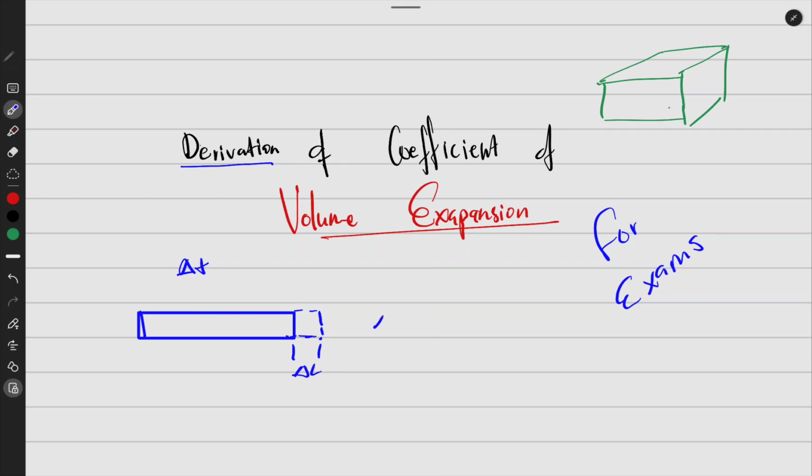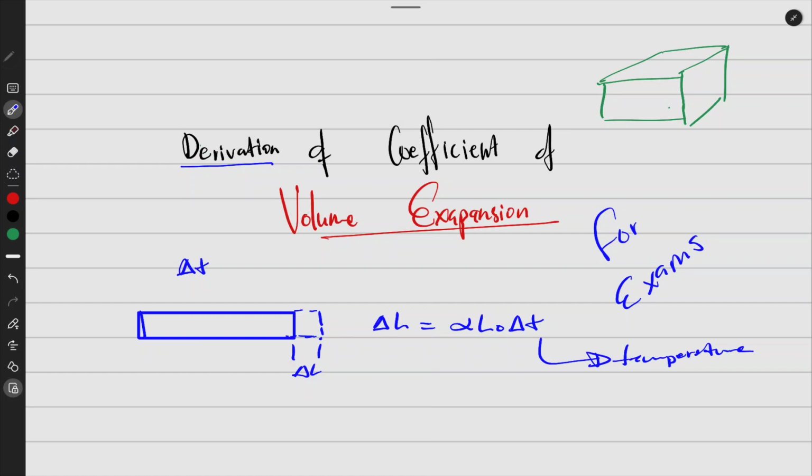The change in length, the linear expansion, is going to equal some coefficient alpha, times your initial length, and also your change in temperature.